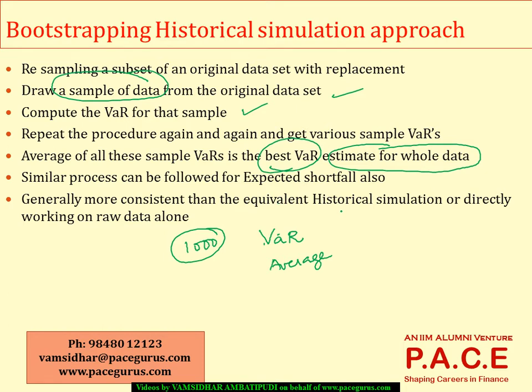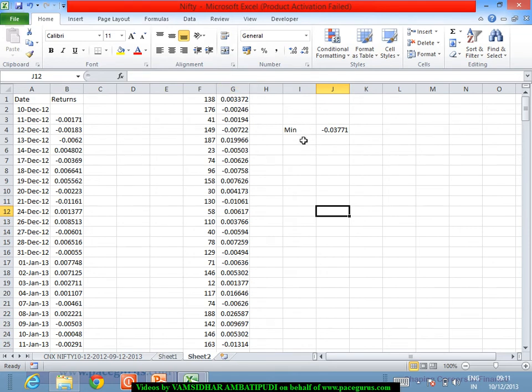The same logic you can use for the calculation of expected shortfall also. The same way you have used the VaR, you can find the VaR not only for 1%, you can take it for 2%, 3%. Instead of the minimum, you can take the second minimum, third minimum, fourth smallest, fifth smallest values, which correspond to different VaRs at 95%, 96%, 97% confidence.